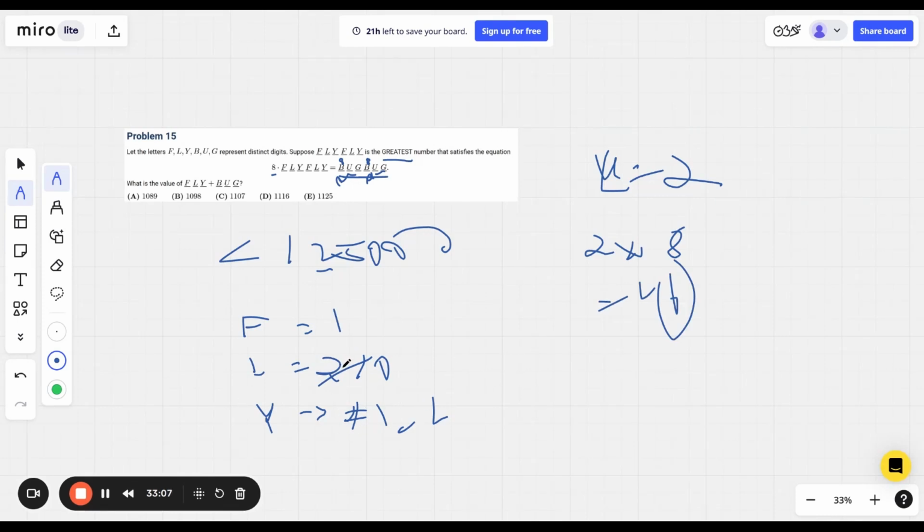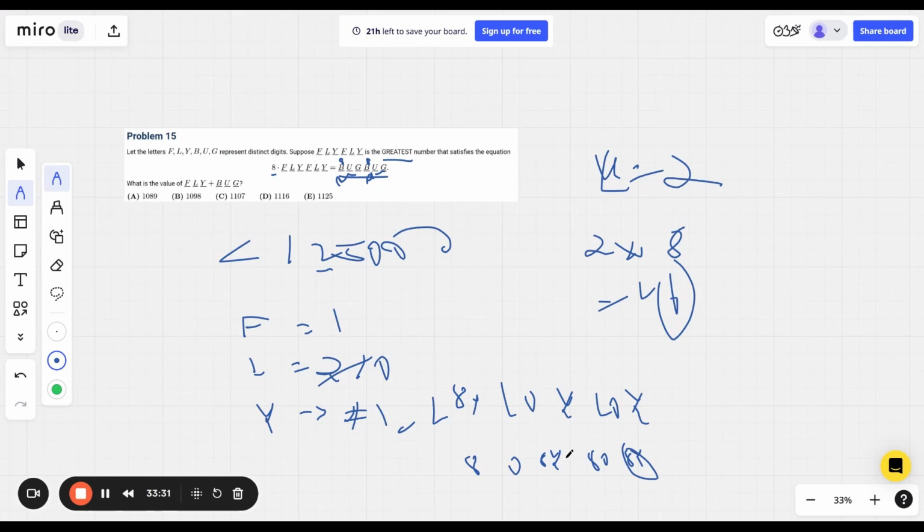And then now we just have to think of our Y. Well, we can just put 1, 0, Y times 8 here, just to speed things up. So we have 8, 0, 8, Y here. Now we notice that 8Y can have digits passing over it.